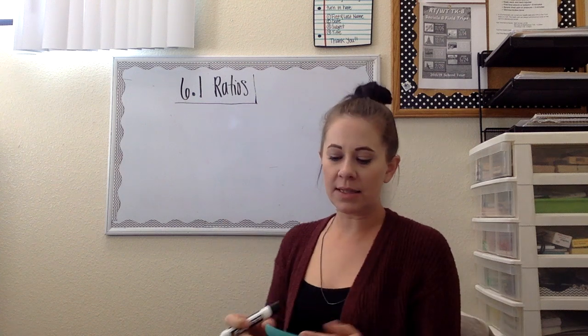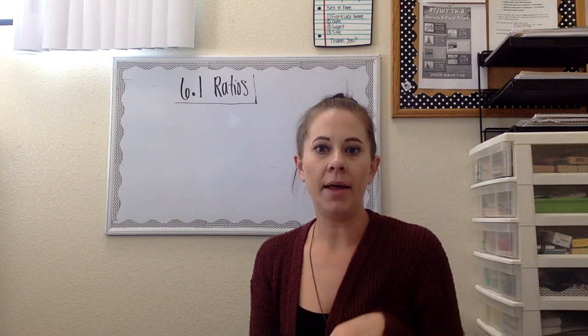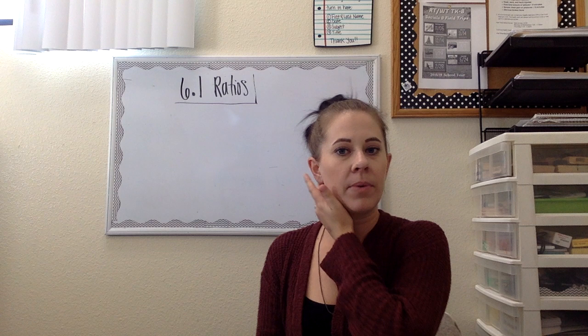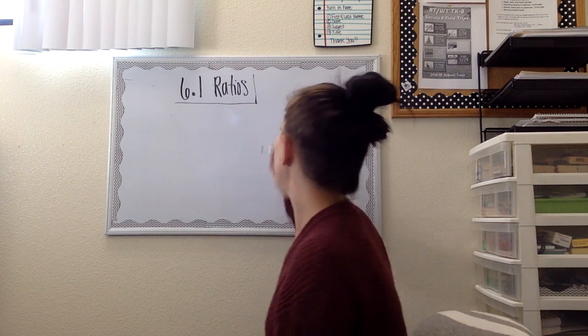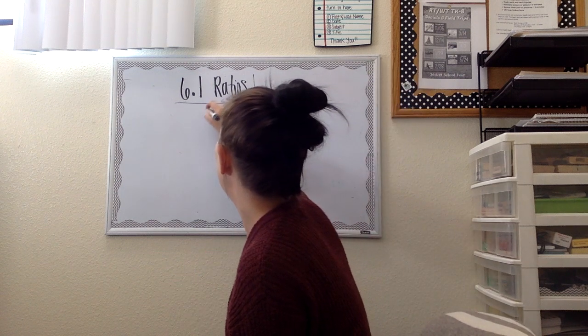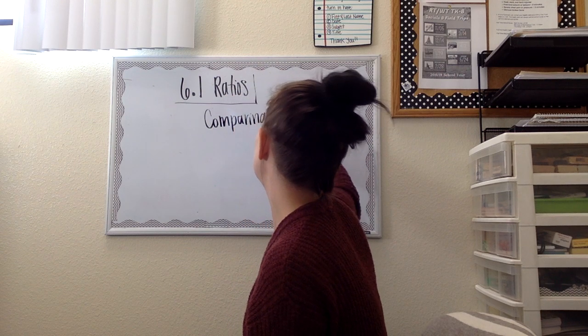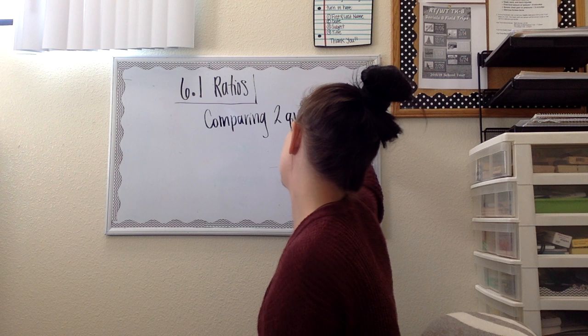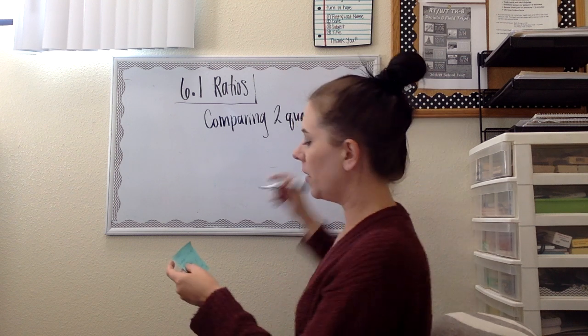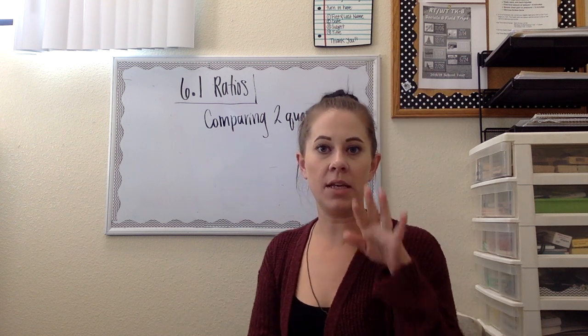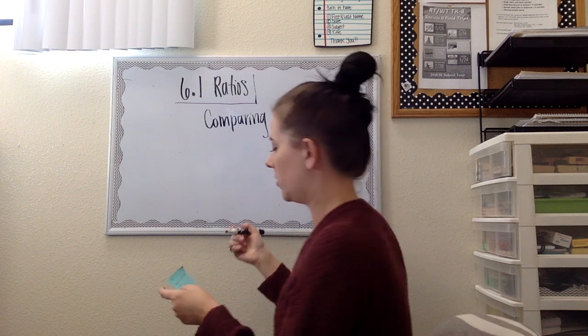Okay, so let's talk a little bit about what a ratio is. A ratio is comparing two quantities. And a word I want you to know so that if I use it, you understand it, is the word terms.